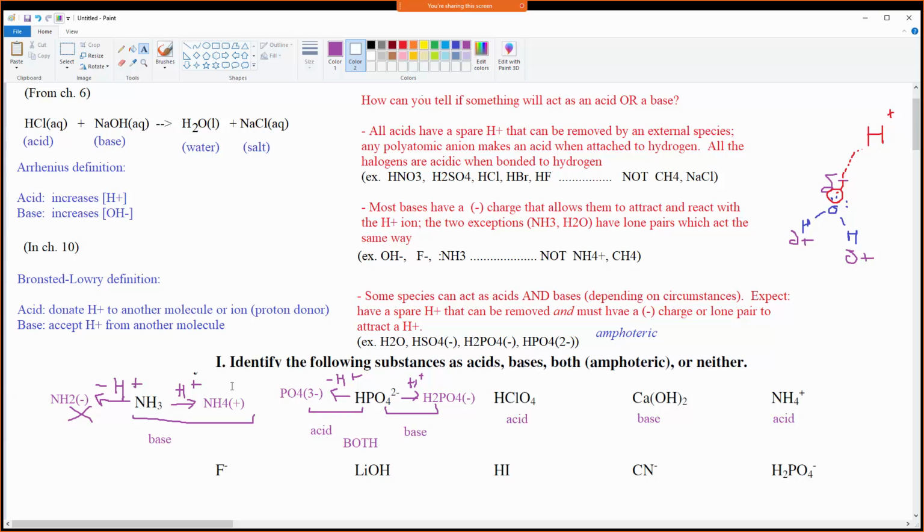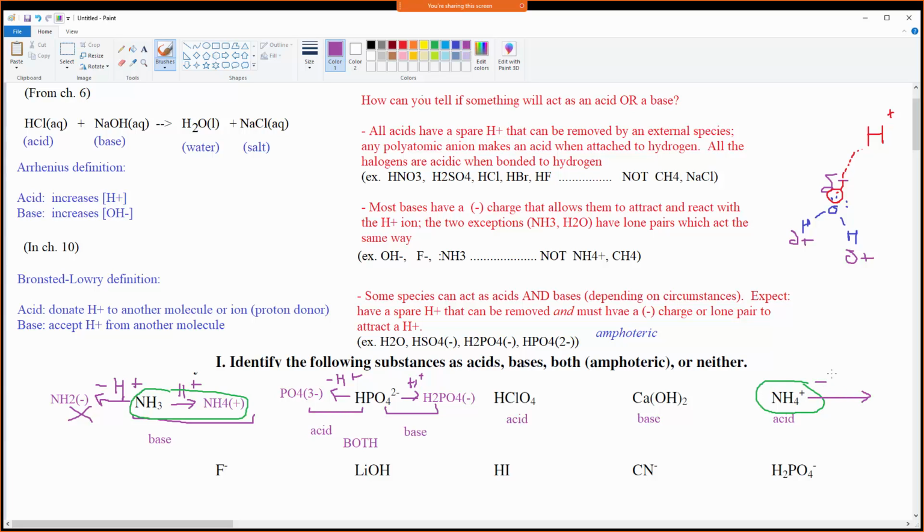What I want you to see, what the next step is talking about, is conjugate acids and bases. And this is where you see, oh, some of these are related, okay? So for instance, when we went from the NH3 to the NH4 plus, we said the NH3 is acting as a base because it's accepting a hydrogen. And then if I'm just evaluating NH4 plus, this is an acid because hypothetically, of course, it can lose that hydrogen.